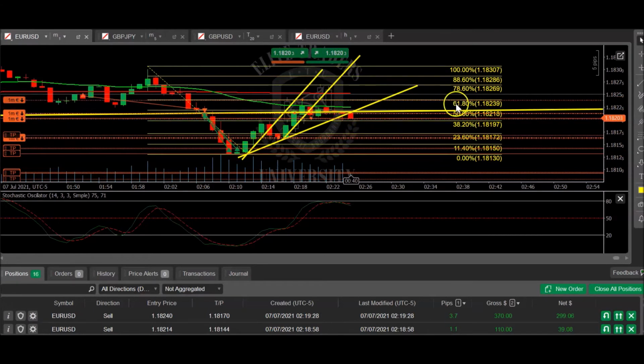We had rejection from the 61% retracement, rejection of the 25 line, the banker's line, this gray line here. A little bit of a shove, a little bit of a push.